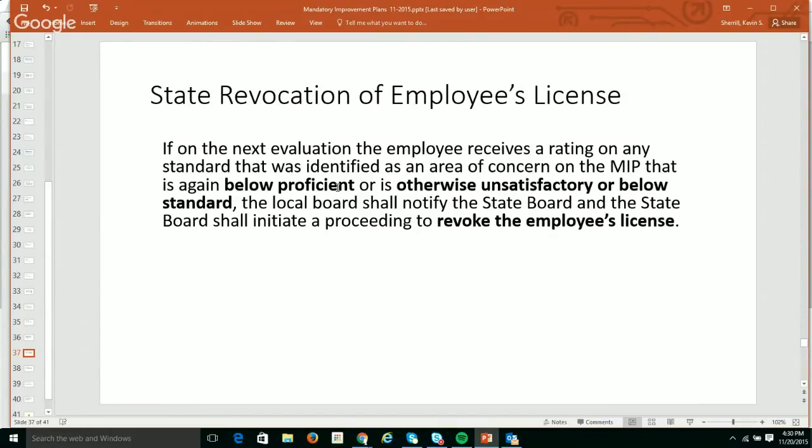On the next evaluation, the employee receives a rating on any standard that was identified as an area of concern that's again below proficient or otherwise unsatisfactory. The local board shall notify the state board, and the state board shall initiate a proceeding to revoke the employee's license. So clearly, very high stakes here for somebody who goes on a MIP or who is dismissed or demoted from a low-performing school.